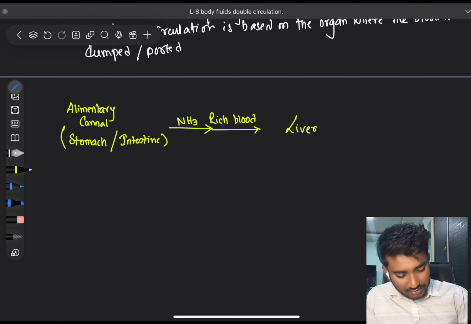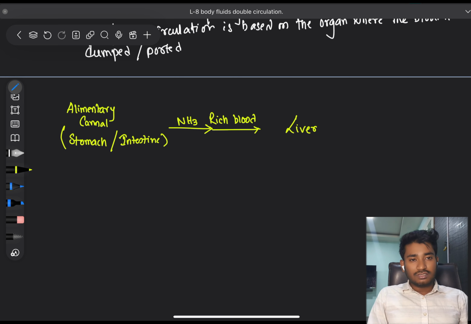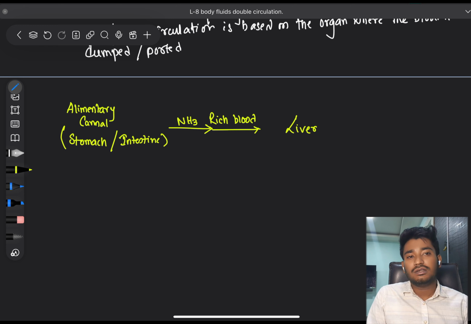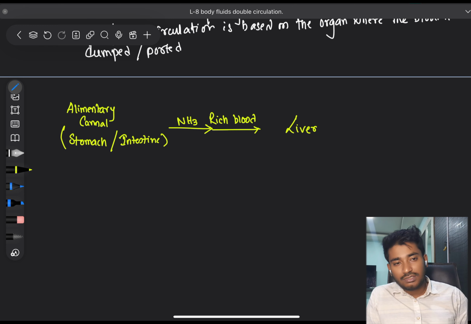It goes to the liver, which detoxifies it. What do you guess is the main function of the liver? The main function of the liver is to detoxify the blood, to get the ammonia out of the blood, because ammonia is very toxic to the brain cells.